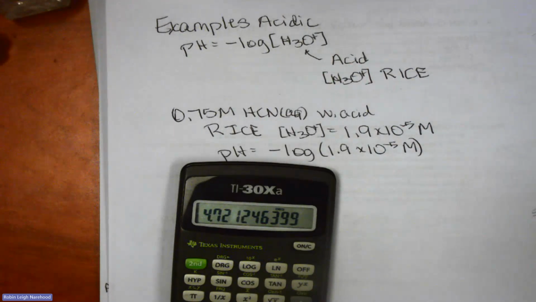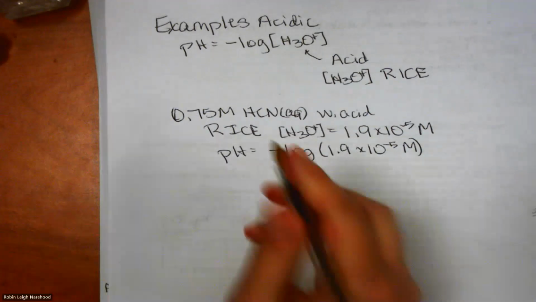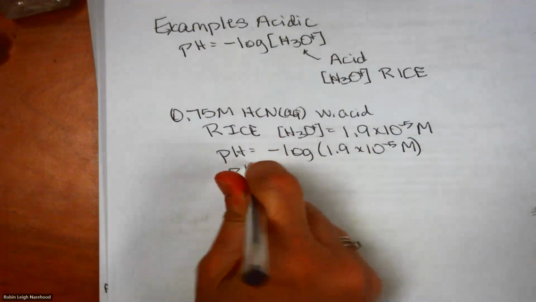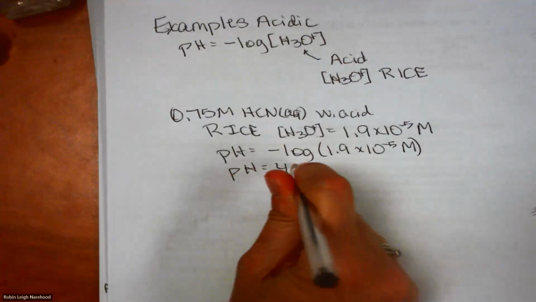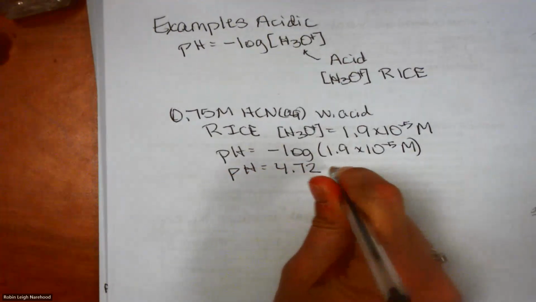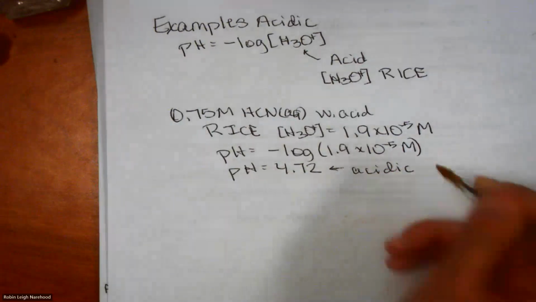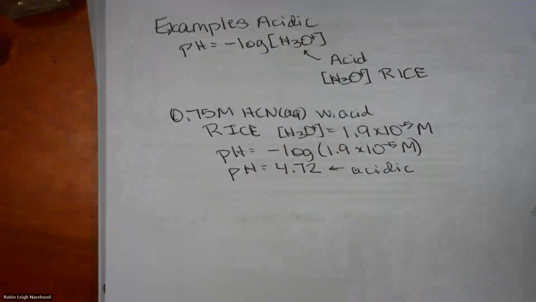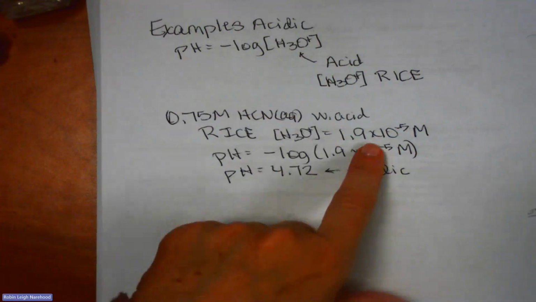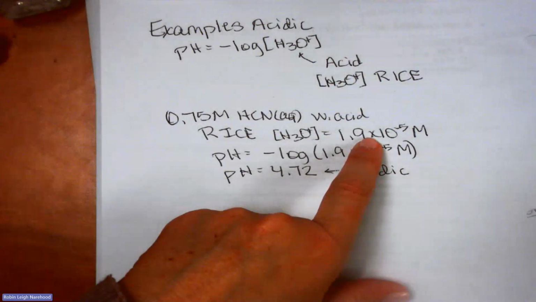So I got 4.72 for a pH. That is acidic, because it's less than 7. The closer to 0 it is, the more hydronium, the more acidic it is. So this is not close to 0, it's closer to 7, because that is a really low concentration because it was a really weak acid.